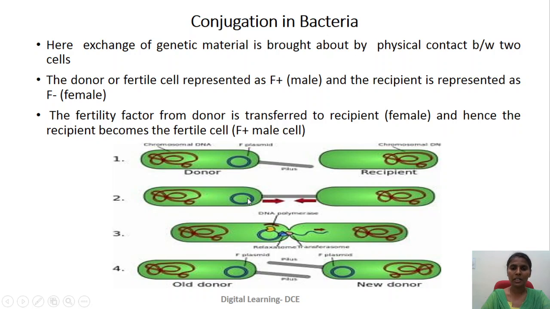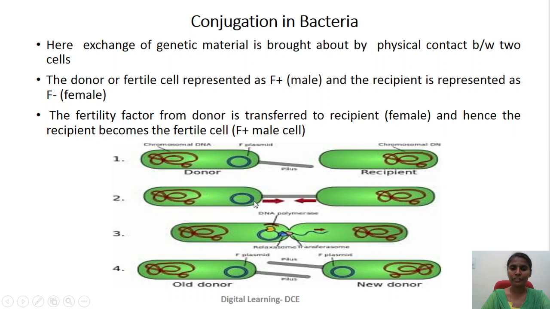This plasmid is going to form the conjugation tube, which acts as a bridge between the donor and recipient cell. At the time of conjugation, a nick takes place in the F plasmid.